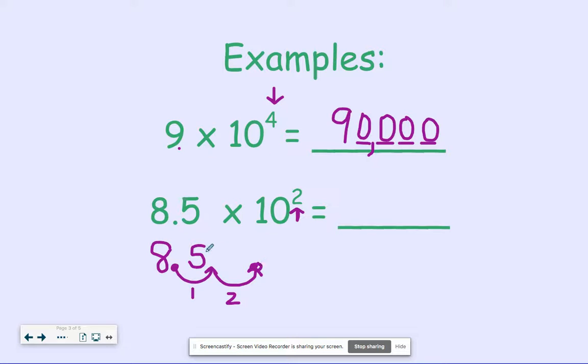What goes into these empty spaces are zeros then. So our answer is 850. Because the decimal moved 2 spots backwards. Now we don't need to write the decimal because this is a whole number now. So the decimal didn't need to be there.